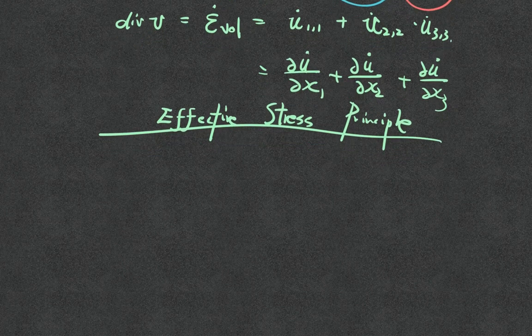What the effective stress principle says is that if I have the total stress, that total stress would be equal to the effective stress minus the pore pressure times the identity tensor.